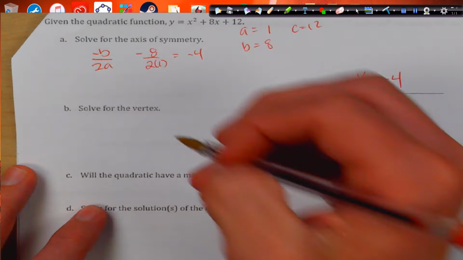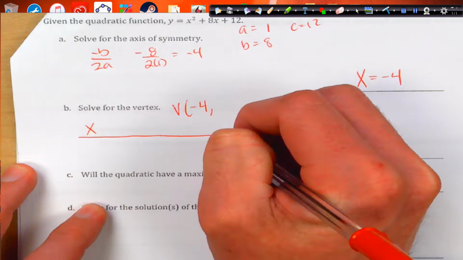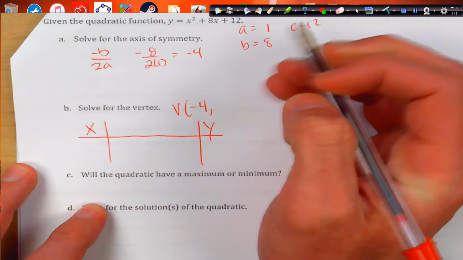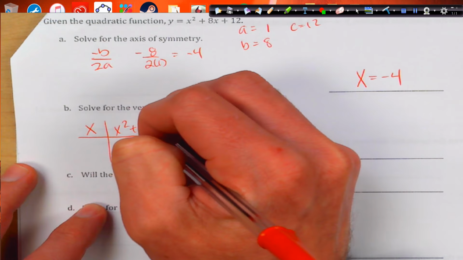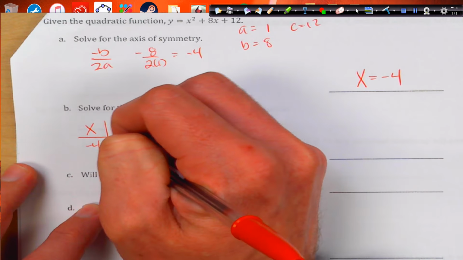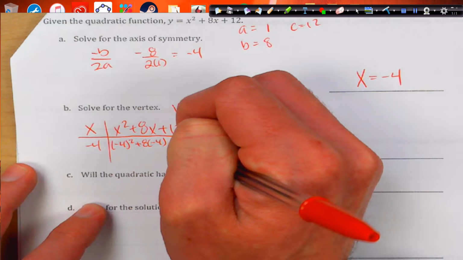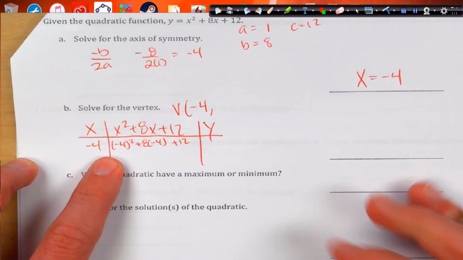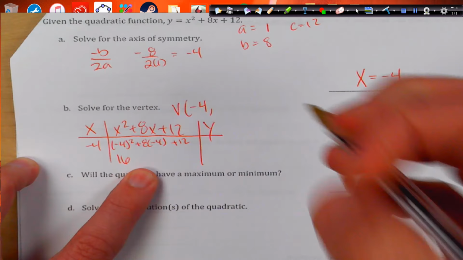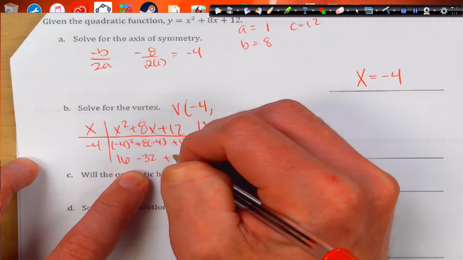Solve for the vertex. Well, I know the vertex is going to have that -4. So we can go ahead and set up our chart, x squared plus 8x plus 12, plugging in -4. Make sure you use parentheses here, very important. Otherwise we'll make a mistake. -4 squared is 16, plus 8 times -4 is -32, plus 12.